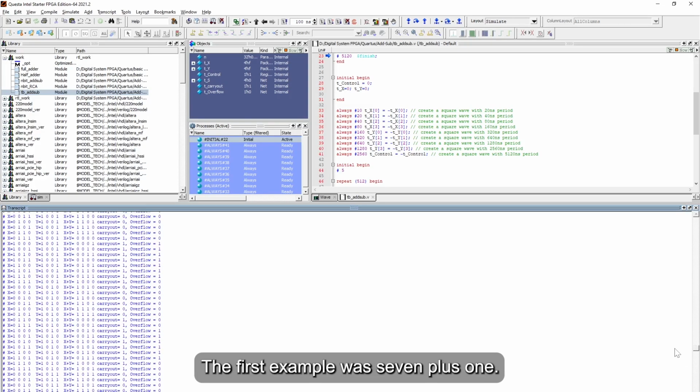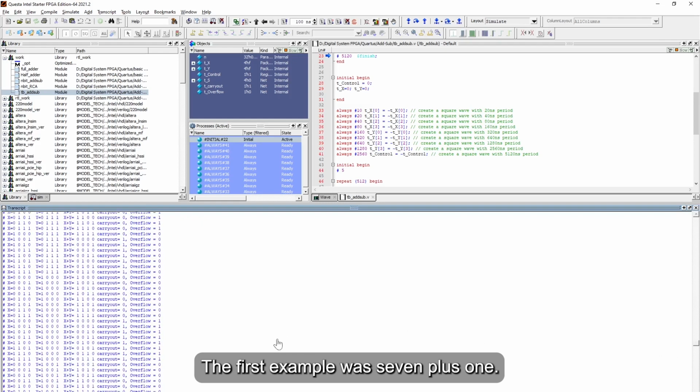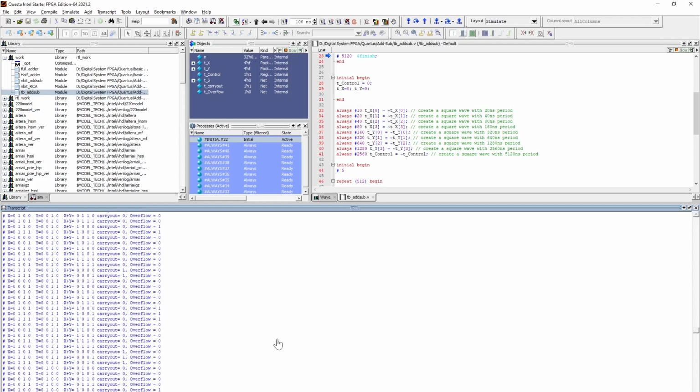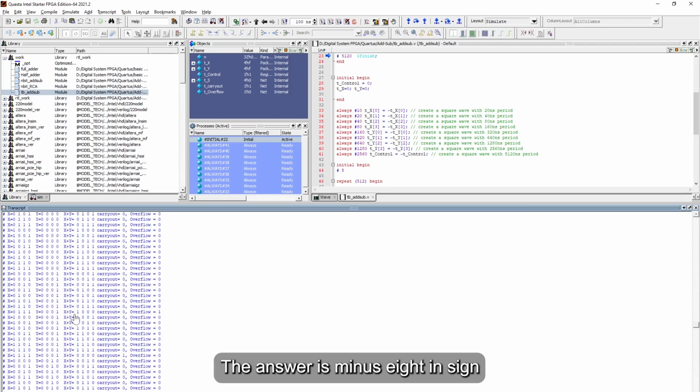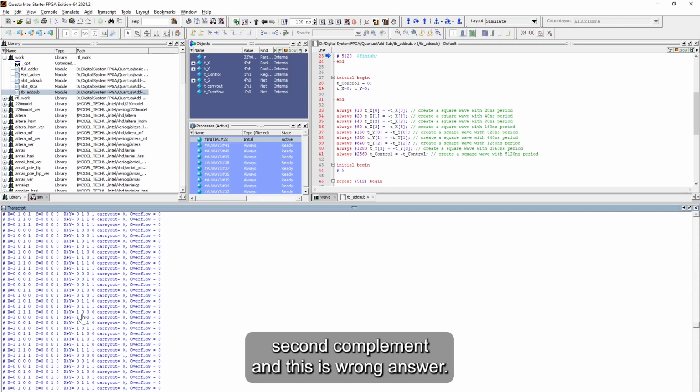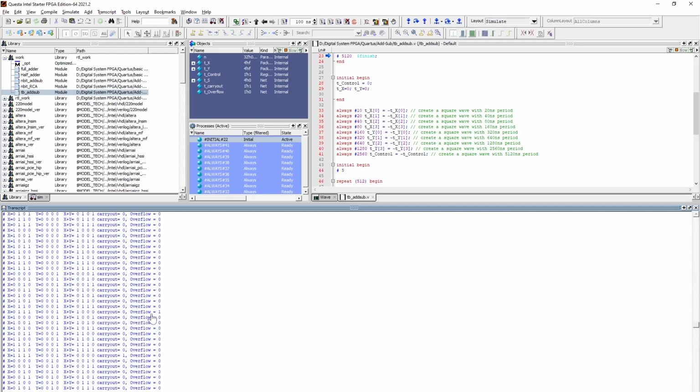The first example was 7 plus 1. So 7 plus 1, the answer is minus 8 in signed second complement, and this is a wrong answer.